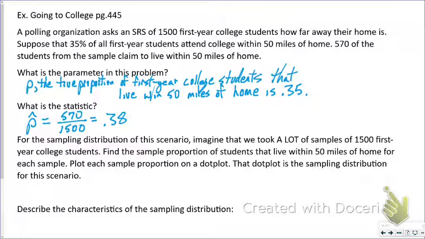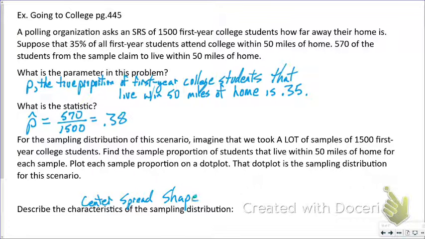There's another explanation of what this sampling distribution concept is. And right below that, it asks you to describe the sampling distribution. And realize, when we do this, that we will be talking about the center, the spread, and the shape.